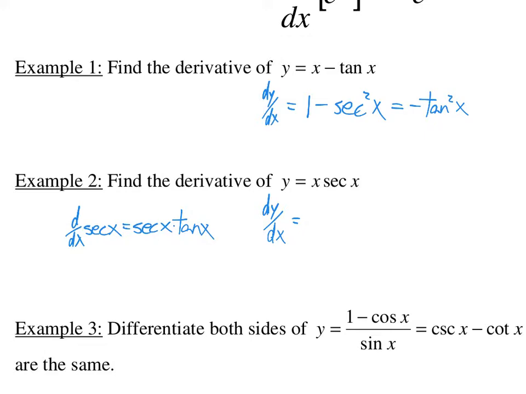You need both of them twice added together, but one time you take the derivative of one of them, the other time you take the derivative of the other one. So, secant x times the derivative of x, that's just 1, plus x times the derivative of secant, x tan x. And you can just leave it like that.